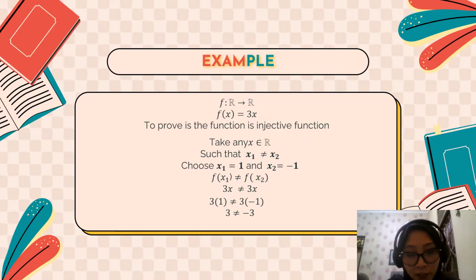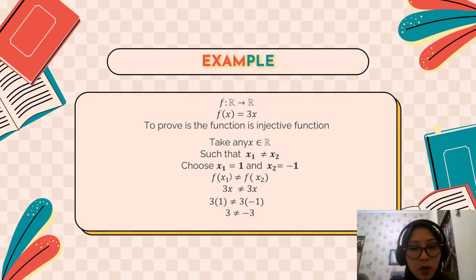I have a function f(x) equals 3x. We must prove that the function is injective. To prove that, we take any x element of real numbers such that x1 not equal to x2. I choose x1 is 1 and x2 is minus 1 because they are easy numbers to calculate.